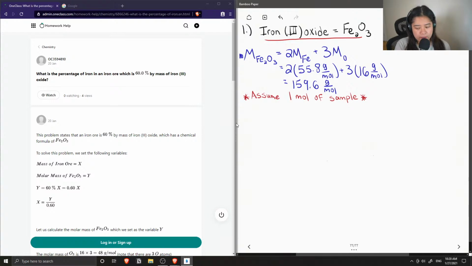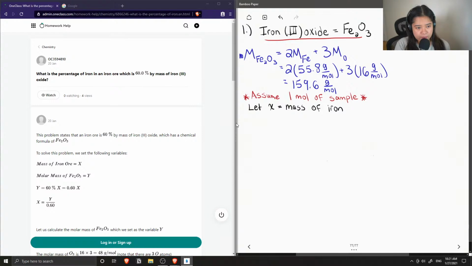So if we let X equal the mass of iron ore, then we can try to find out the mass in this sample.